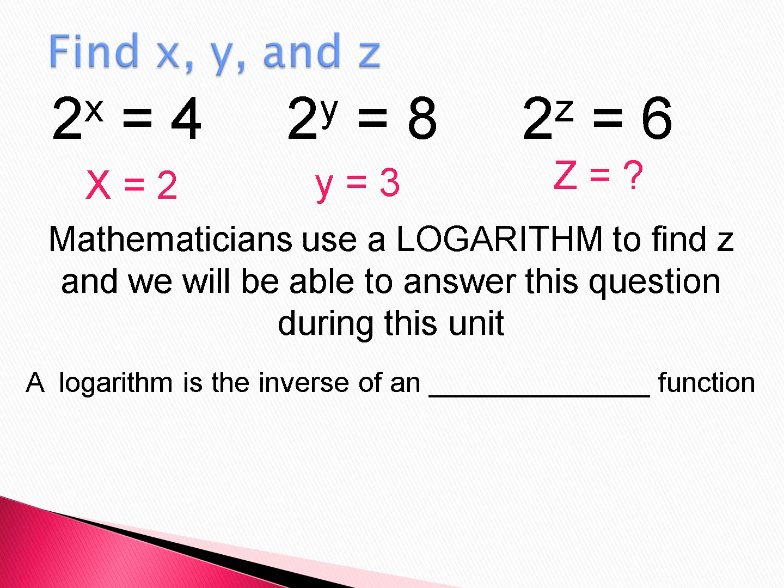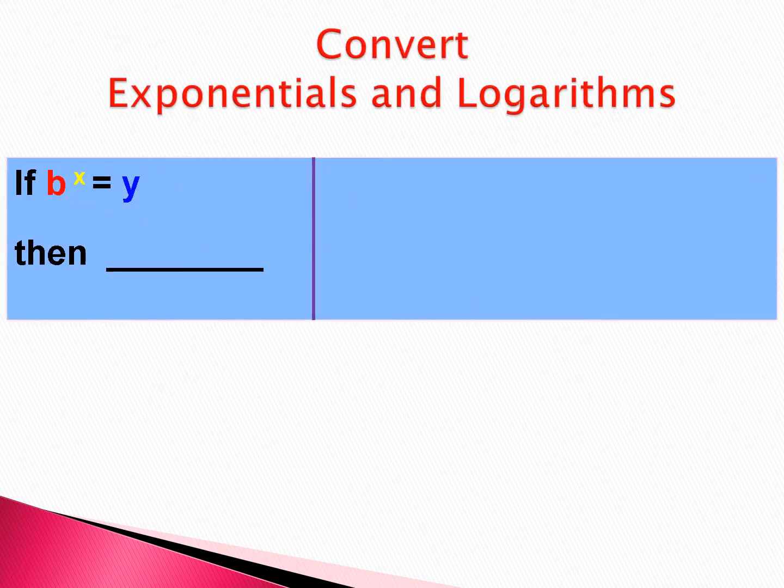So a logarithm is the inverse of an exponential. Exponentials and logarithms are inverses of each other. Okay, so how do we convert an exponential into a logarithm or a logarithm into an exponential? We have the exponential equation to start with.